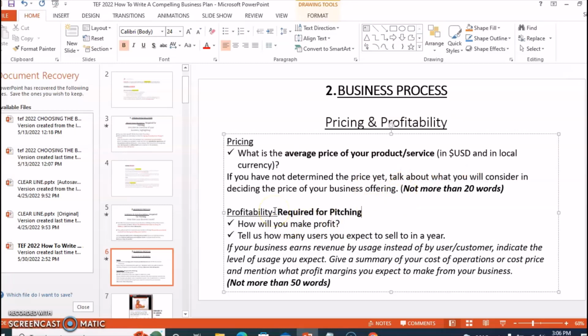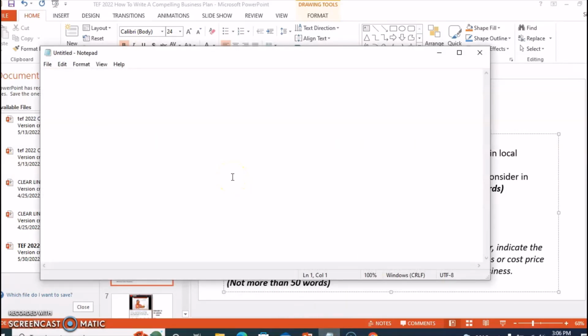Then the next thing is profitability, and in profitability we're talking about the margin between how much you sold and how much you produced, right? So that is what profitability is about. The amount you sold, that is the selling price, minus the production costs will give you your profit, and this is what we call profitability.